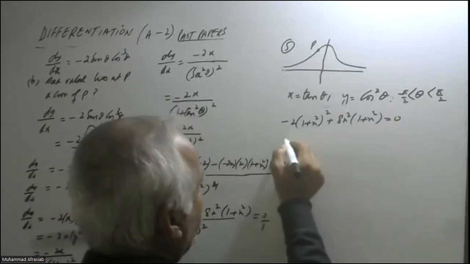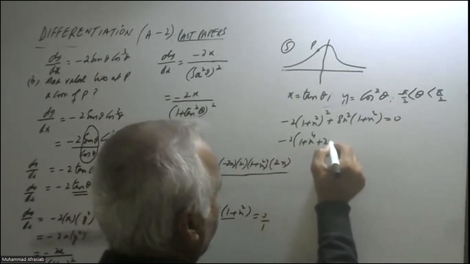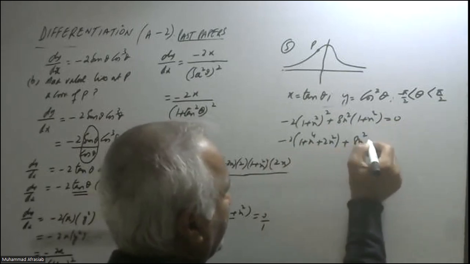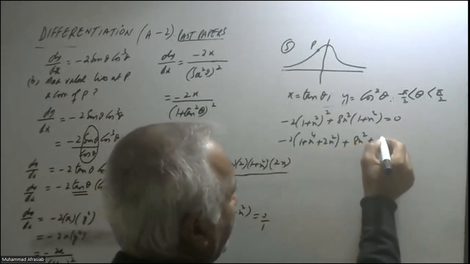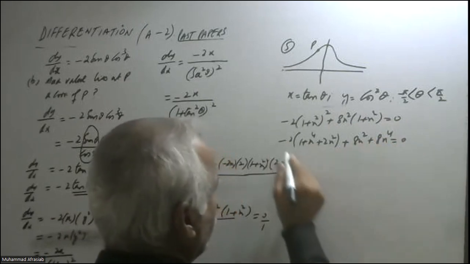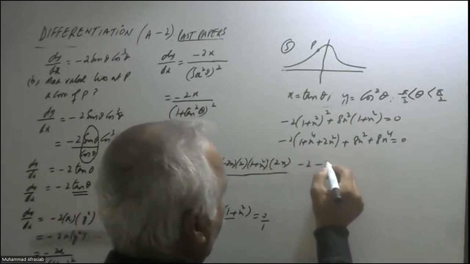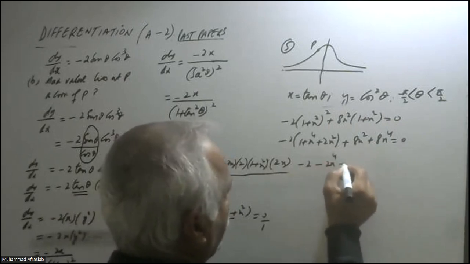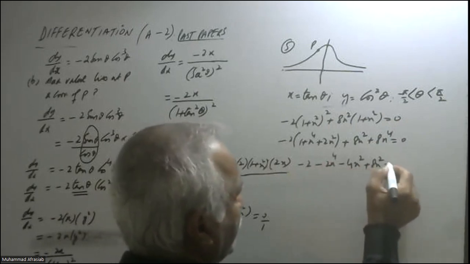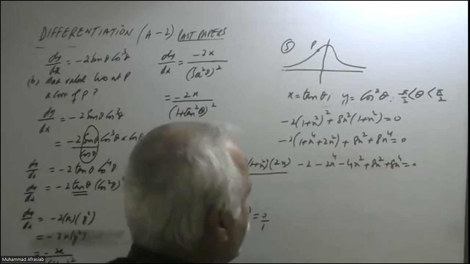If we open this: minus 2 into 1 plus x4 plus 2x square, plus 8x square plus 8x4 equal to 0. If you multiply this: minus 2 minus 2x4 minus 4x square plus 8x square plus 8x4 is equal to 0.